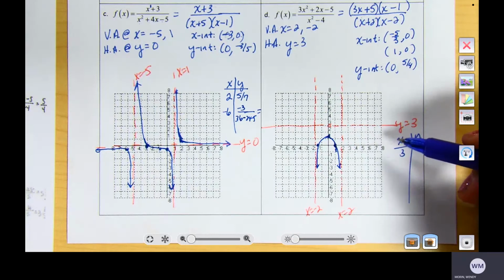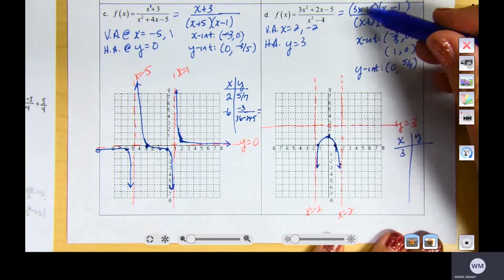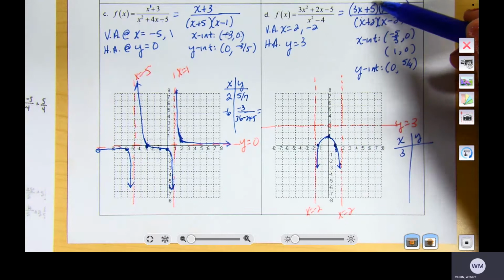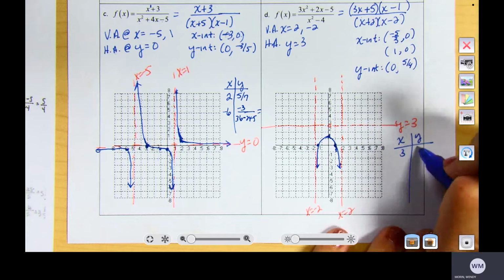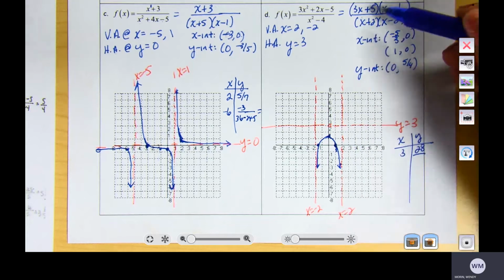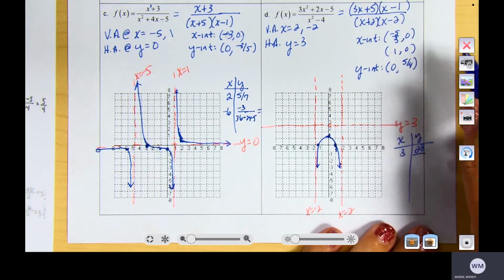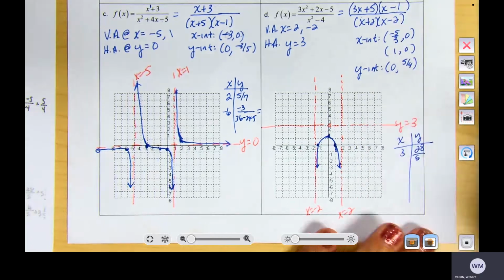Ugh, this isn't going to be fun. When you plug in 3, what do you get here? 9, 14 times 2 to get 28 on the top. And plug in 3, you get 5 on the bottom. So 28 fifths.